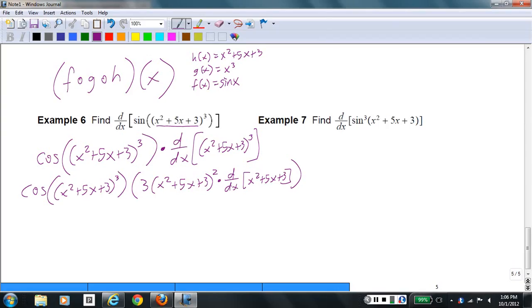Let me just not do too much there. More copying and pasting. The cosine of x squared plus 5x plus 3 quantity cubed times 3 times x squared plus 5x plus 3 quantity squared times 2x plus 5, the derivative of that polynomial.